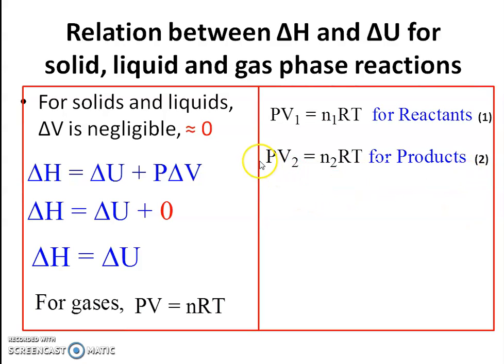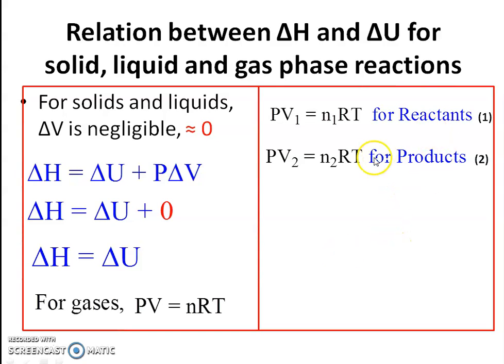Similarly for products, PV2 is equal to n2 RT. This is for the products. Again V2 is the final volume or volume of products and n2 is the number of moles of products.